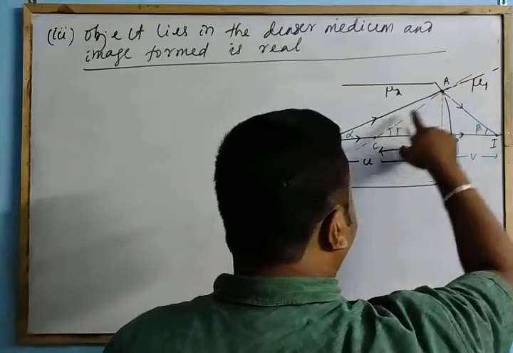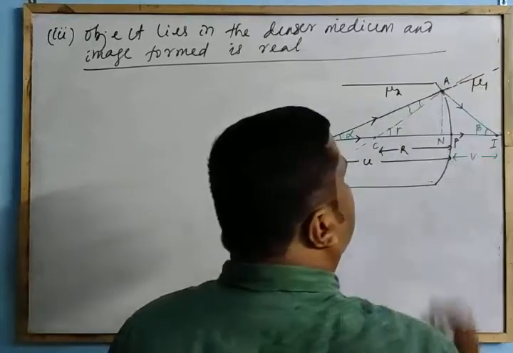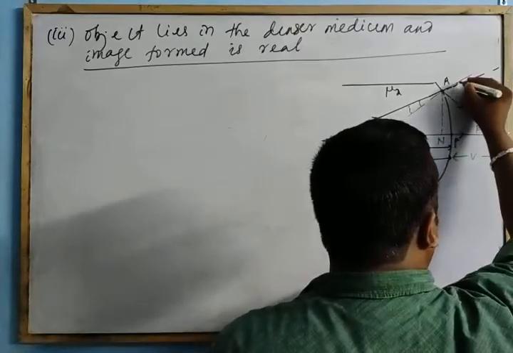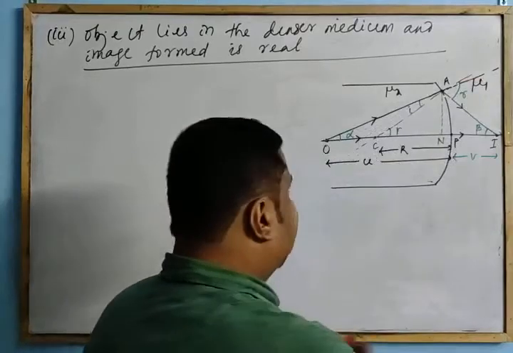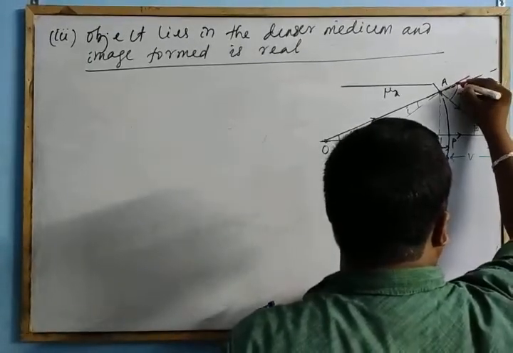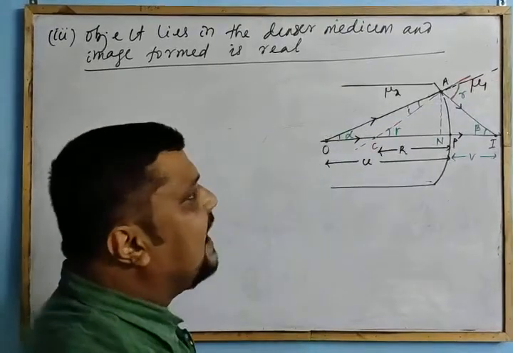The incident angle is more important. This is the normal, this is the angle of incidence i. Here, this red dotted line is the normal, and this angle is r, the angle of refraction.